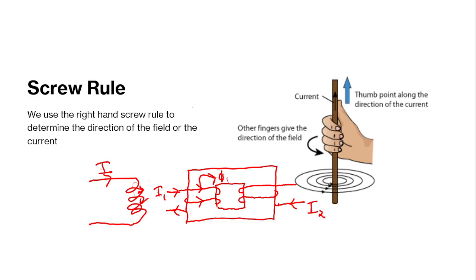It won't go down, because down implies the arrow is going this way. If you point your thumb down, the arrows point from right to left. But in this case, the arrows, aka your fingers, are curling from left to right, pointing towards your right palm. So your thumb will be pointing up.